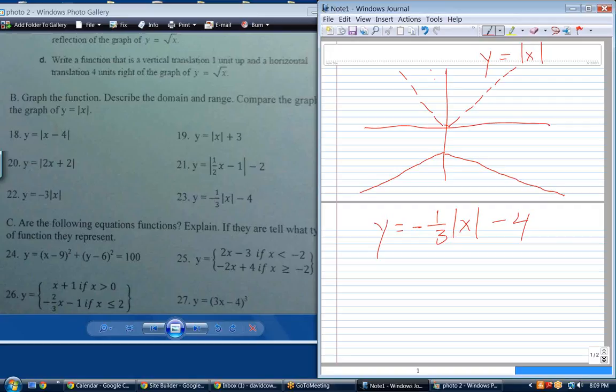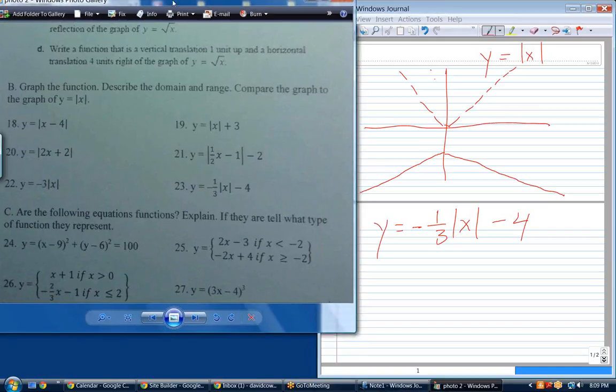All real numbers. What's the range of it? Y is less than or equal to negative 4. Good. Okay. On 22, what was the domain of that? All real numbers. And what's the range of that? Y is less than or equal to 0. Good.